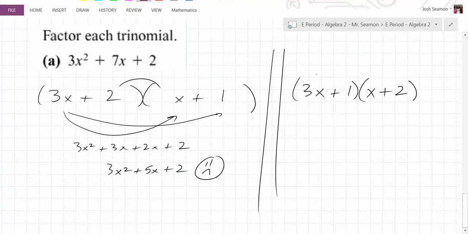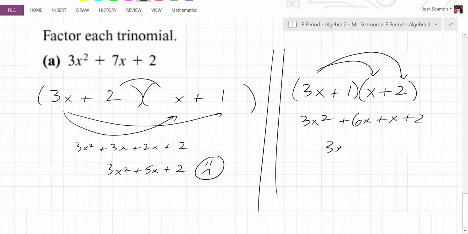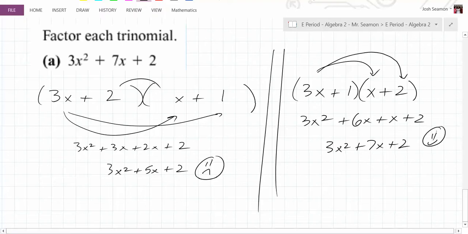Oh, well, let's try it. What's 3 times x? Ah, but now, Nick, 3x is getting multiplied by what? So what is that going to be? Plus x plus 2. What does that come out to be? Yes. Is it what we were looking for? It is what we are looking for. So you can switch the order. It doesn't change the product. So did we find it?